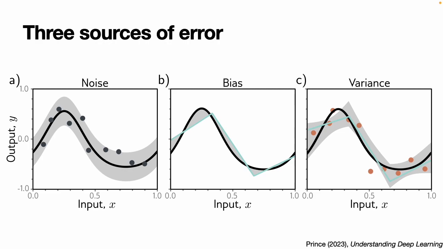So when I say there's three sources of error in this process: the noisiness of the observations, how good or bad my test data is; the bias in my model, the ability of my model to capture those observations, or to describe the truth here; and then the variance that you get from having noisy training data.